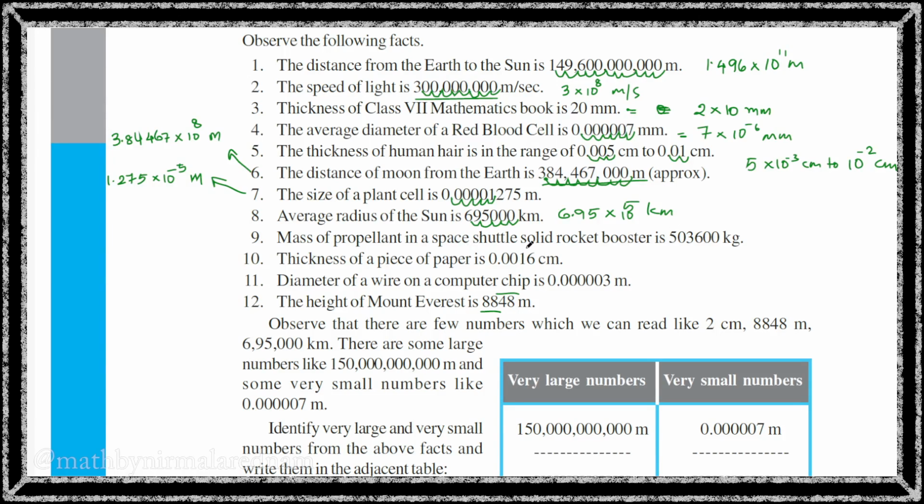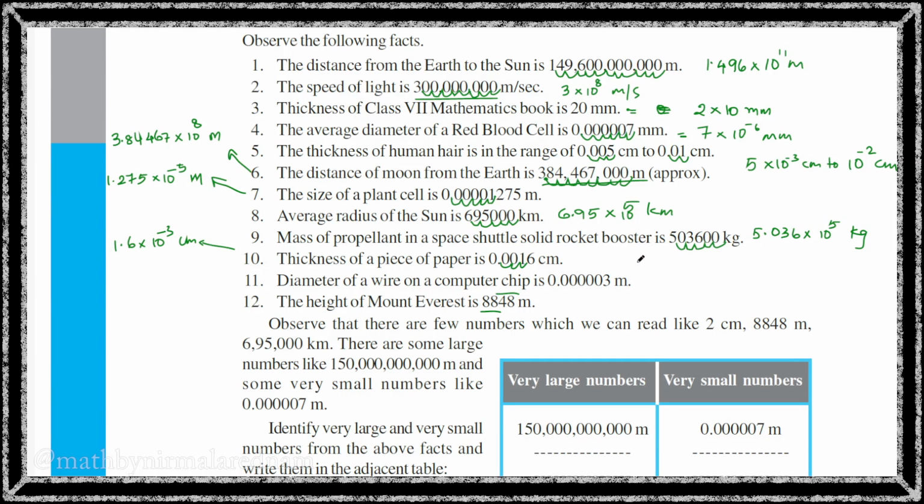Mass of a propellant in a space shuttle solid rocket booster is so and so. So 5.036 into 10 to the power of 1, 2, 3, 4, 5, 5 kgs, right? Next, thickness of a paper is 1.6 into 10 to the power of 1, 2, 3, minus 3 centimeters.